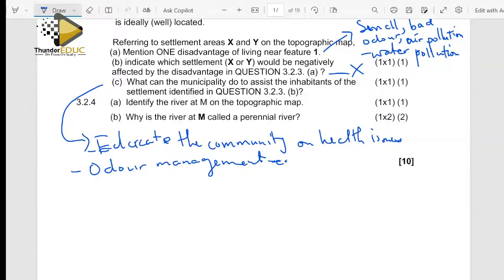For example, through the use of sprays, or we can enhance activities like covering the sewage works.